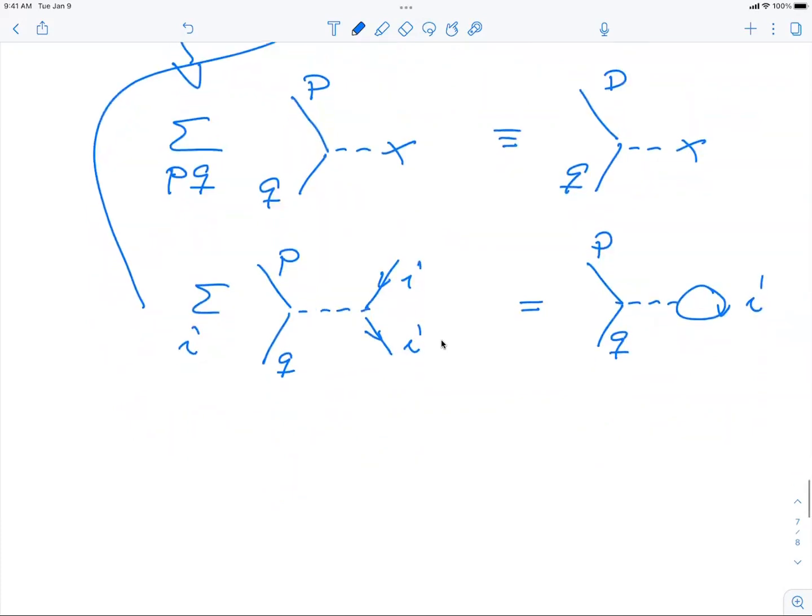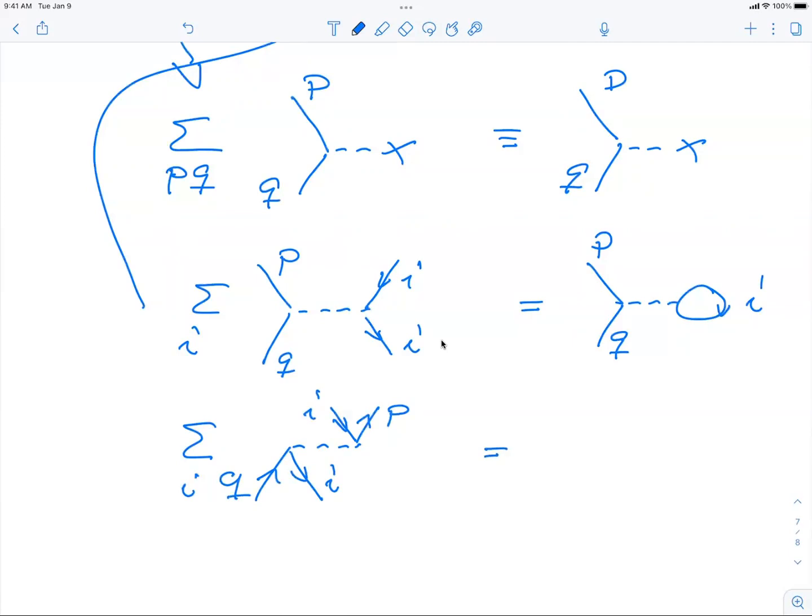Then you have to remember that this sum also contains the other matrix element, which is the anti-symmetrized matrix element. So it means that we could have a state which goes like this, an I here and a Q here, and then a P here and an I coming in here. This is often written so that the summation over I is translated into a closed loop.